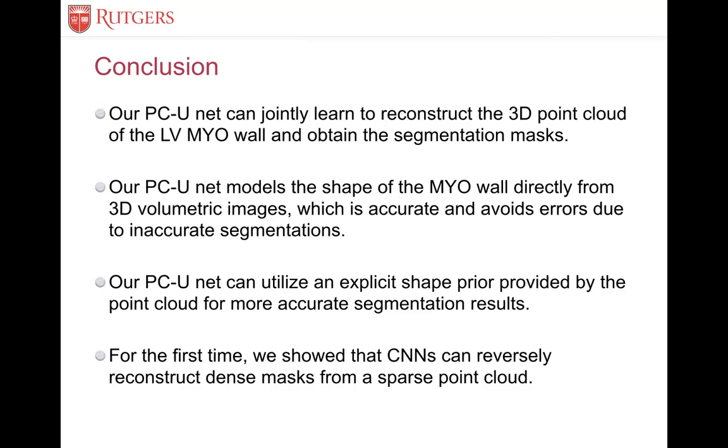Our PC-UNet can utilize an explicit shape prior provided by the point cloud for more accurate segmentation results. For the first time, we show that convolutional neural networks can reversely reconstruct dense masks from a sparse point cloud.